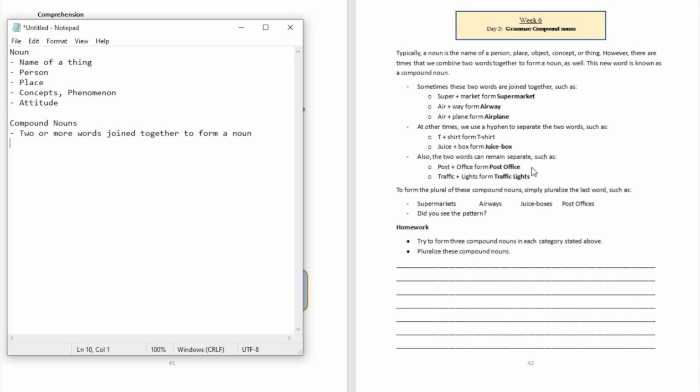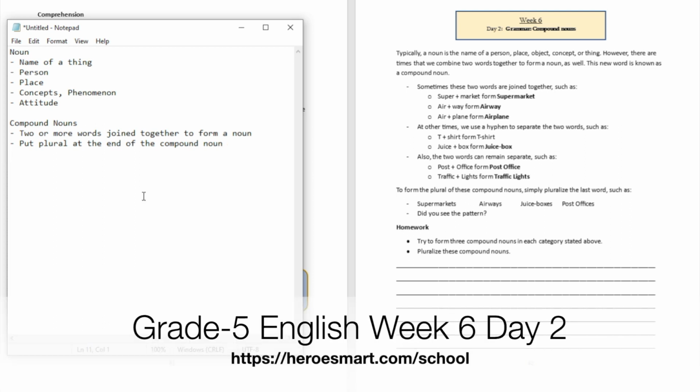That's how we're going to pluralize it. So over here, we're not going to be saying traffic light's. All right, no, we're going to say traffic lights. You're going to put that plural form of it at the end of the compound noun. So don't forget that. Put plural at the end of the compound noun. Okay, so don't forget that rule. Would you remember that for me?